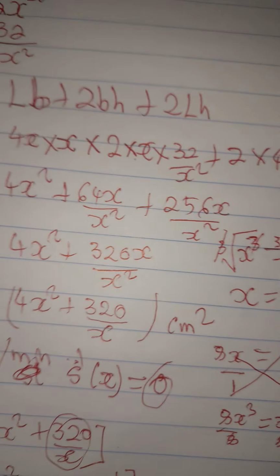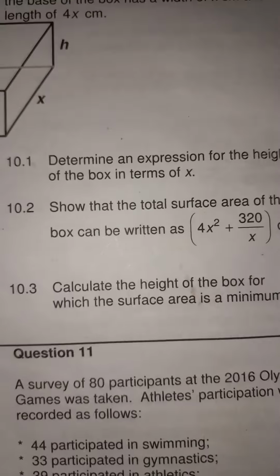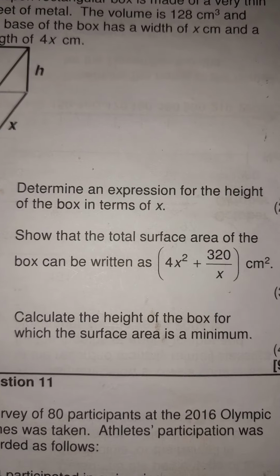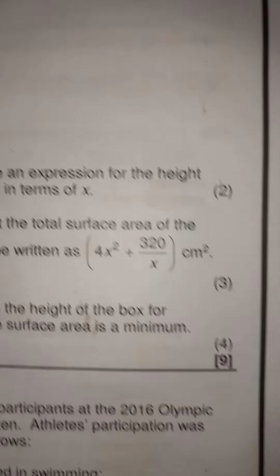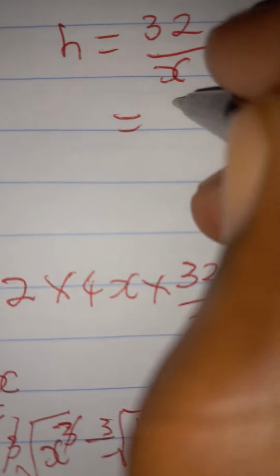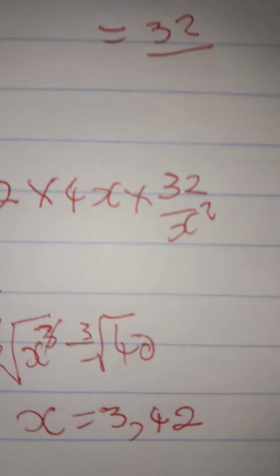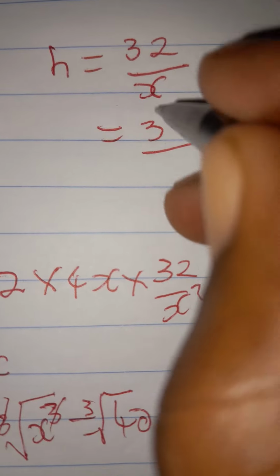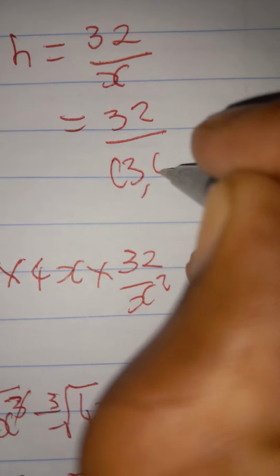And you may recall that they wanted you to calculate the height of the box for which the surface area is a minimum. You may recall that the height was given as 32 over x squared. We have calculated x here. Where there is x, you shall put 3.42.